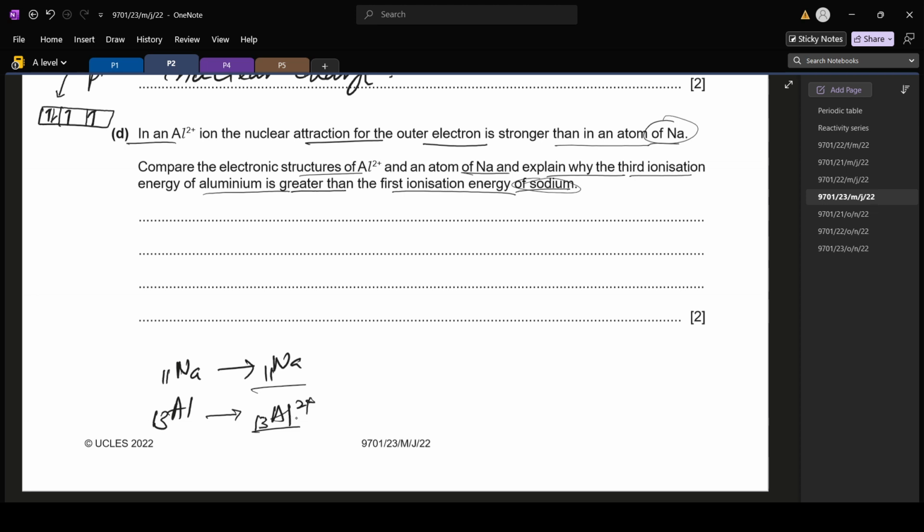So what will you write? Both remove electron from 3s1.